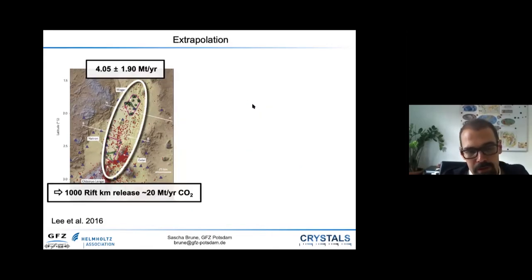And now what they did, which is a bit, I would say, questionable, because this is a huge extrapolation now. But what they did is they say, this is our area. We measured a few cross sections here, and we find that if we extrapolate to our area, there is 4 megatons per year of CO2 coming out of this particular basin. And then if we scale this up, that means that 1,000 kilometers of rifts release 20 megatons per year CO2.